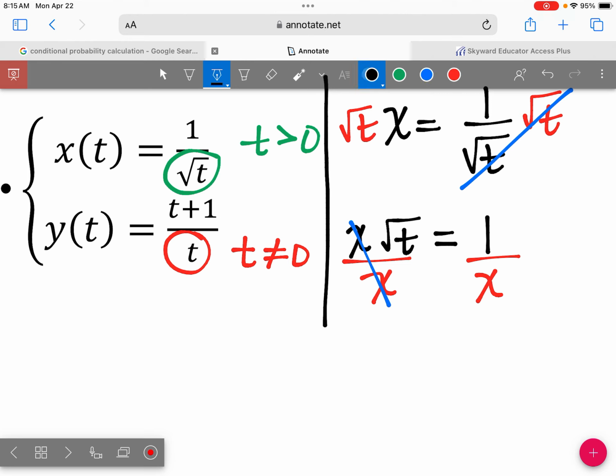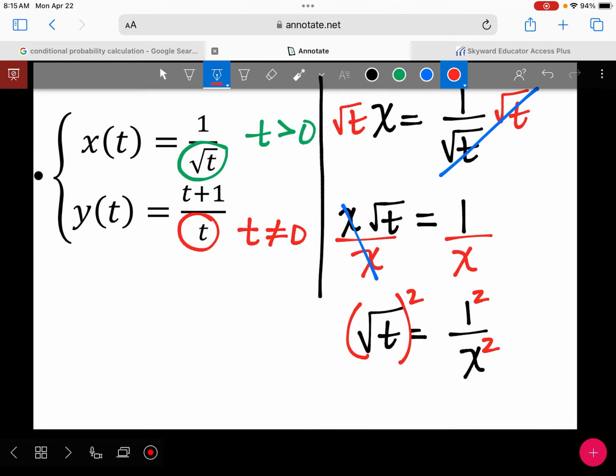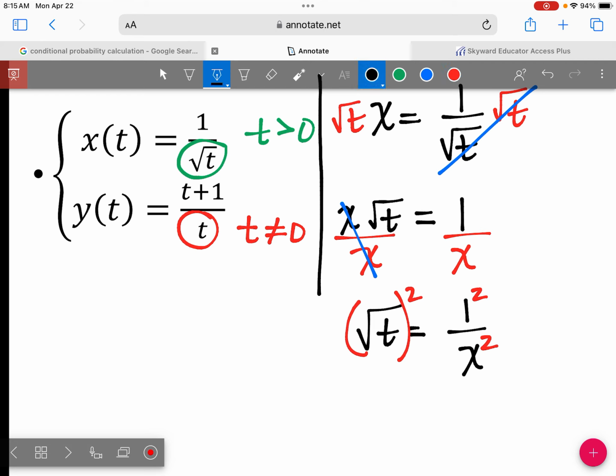So then that's going to leave you with the square root of t equals 1 over x. And now we can square it. I'm squaring the t, I'm squaring the 1, and I'm squaring the x, which is just going to leave you with t equals 1 over x squared.